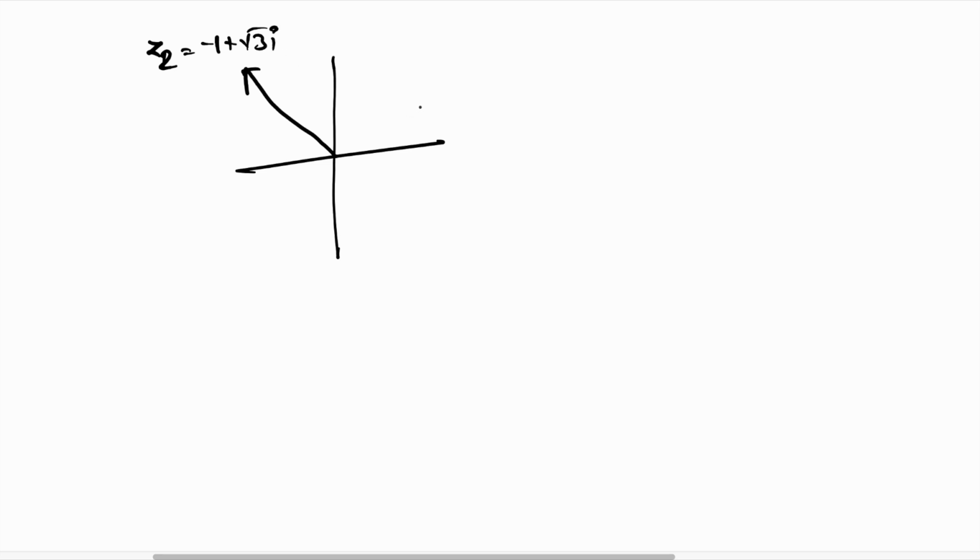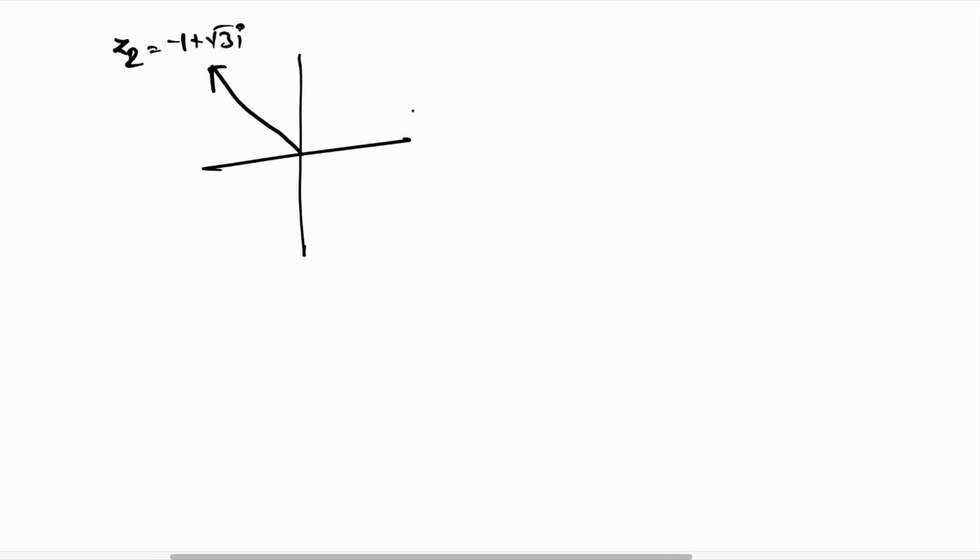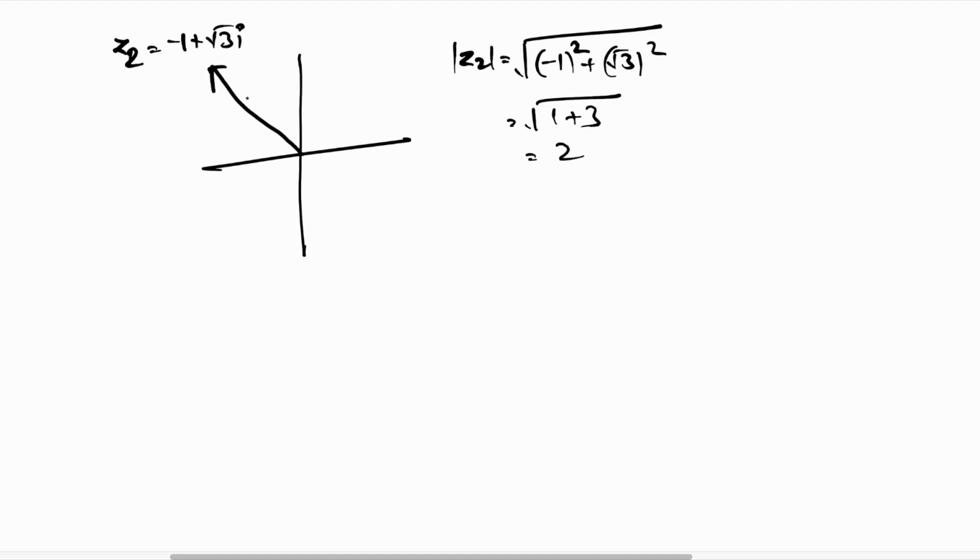Since this complex number is in the second quadrant, it's denoted by an arrow pointing in the second quadrant. The modulus is again found by the Pythagoras theorem: minus 1 squared plus root 3 squared, which is square root of 1 plus 3, which is 2. So the length of this complex number is 2.